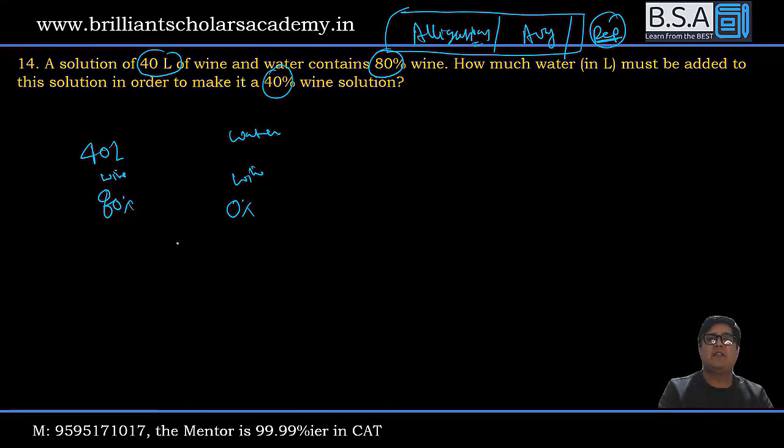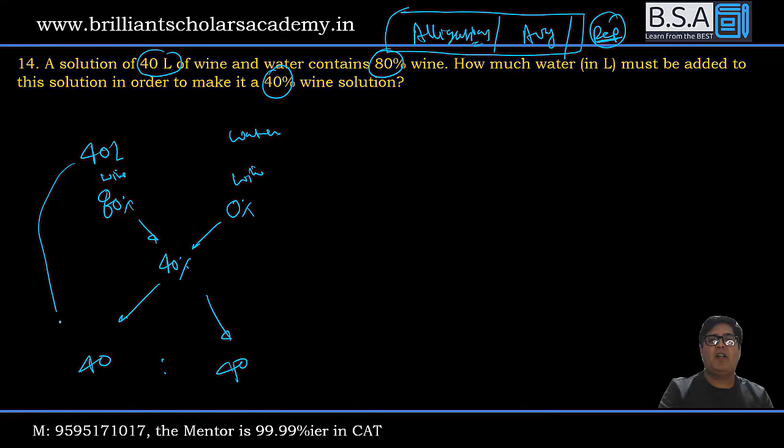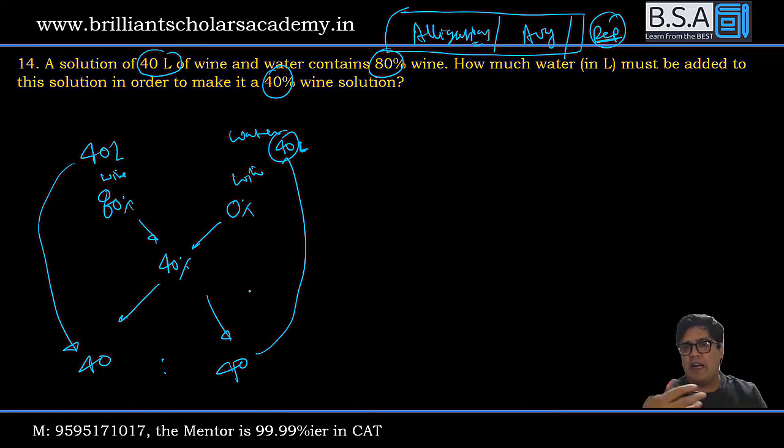I'm trying to achieve 40% wine. The final product must be in the middle. So what is the gap here? 40. What is the gap here? 40. So you see, we don't need a ratio here. If you need 40 liters of this, you will need 40 liters of this as well. How many liters of water are needed? 40 liters.